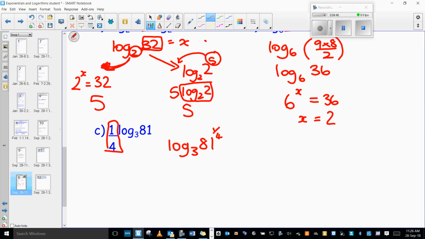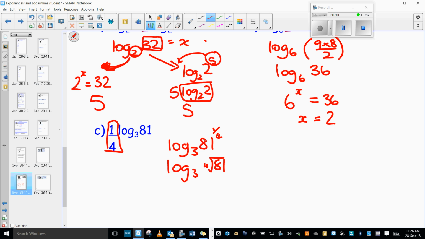And at this point, some of you might go, oh, I don't know what a power of a quarter is. Well, hopefully you will remember. A power of a quarter means the fourth root. Now, hot tip for the day: if you're finding the fourth root of something, you just square root it twice.